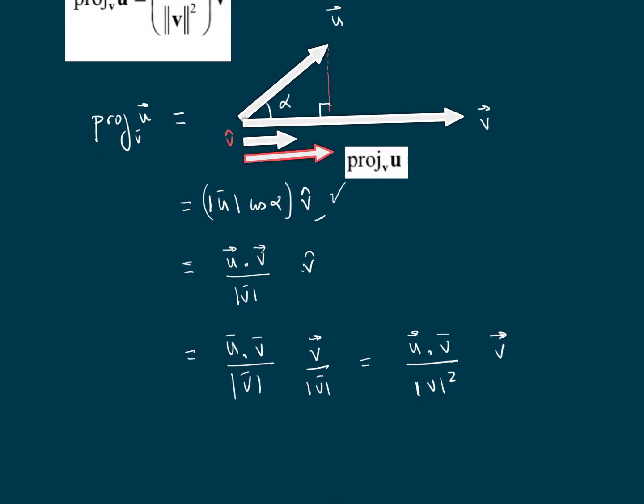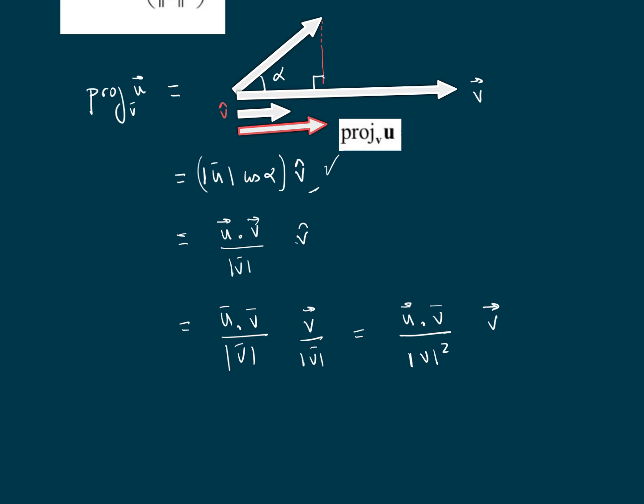Most of the textbooks play with this equation to do the following thing. U cosine of alpha is the same as U dot V divided by the magnitude of V, because U dot V is magnitude of U by magnitude of V multiplied by cosine of alpha. If I divide U dot V by the magnitude of V, I have this term.